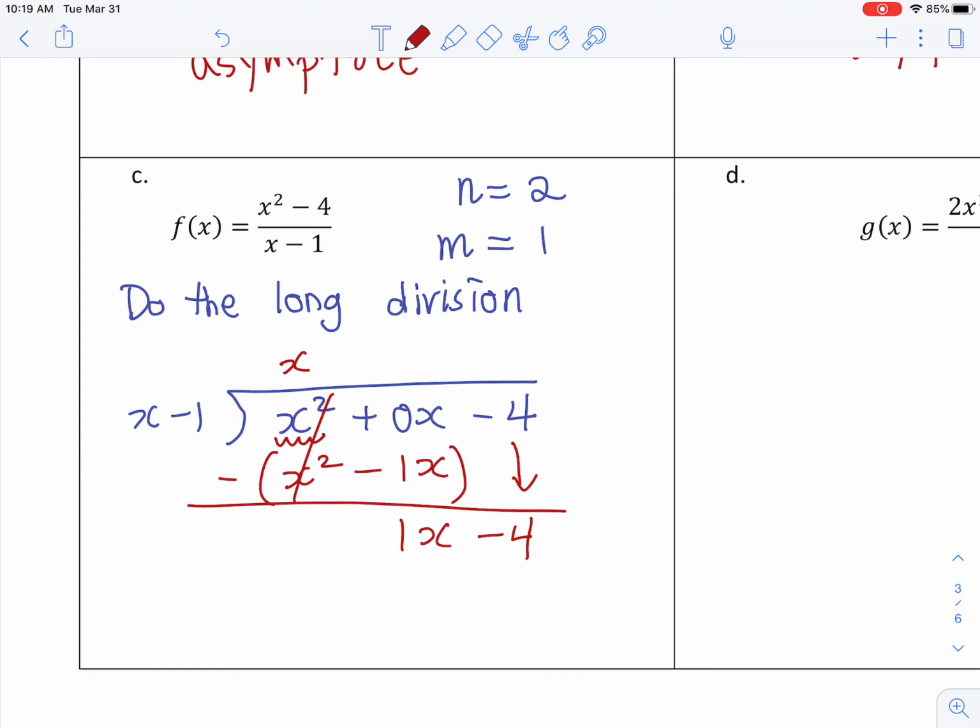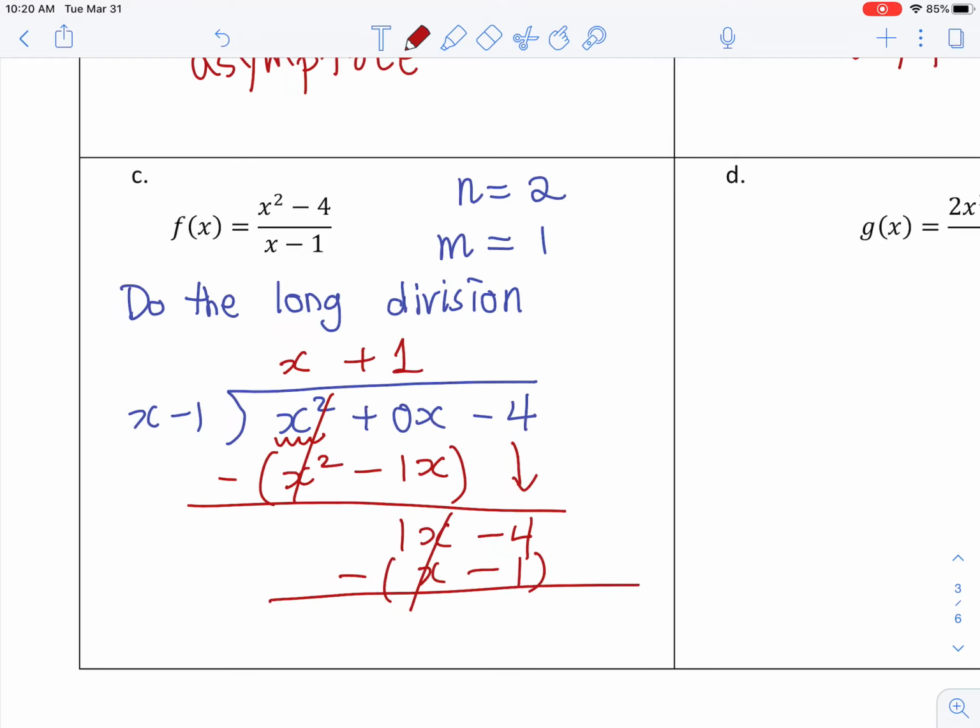Divide 1x by x. Well, x divided by x is simply going to be 1, right? And at this point, we found the oblique asymptote already, because the slant asymptote is simply going to be the quotient of this long division. But we can try to finish this. If I multiply 1 to x minus 1, that will just be x minus 1.